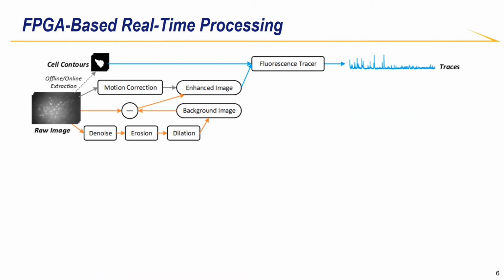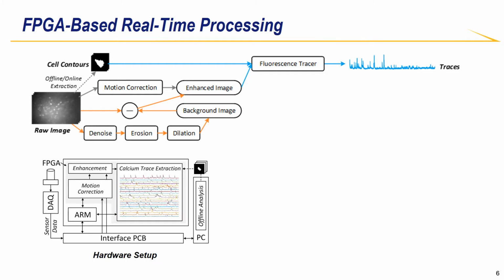We designed dedicated FPGA accelerators for these 3 processing steps. This figure shows the FPGA-based calcium image processing system. Customized accelerators for the motion correction, the image enhancement, and the trace extraction are implemented on the FPGA fabric, whereas the embedded ARM processor takes the responsibility in sending commands and governing the data transmission.